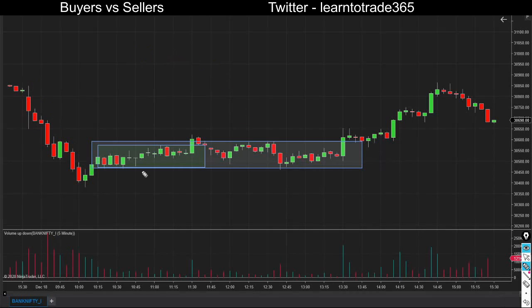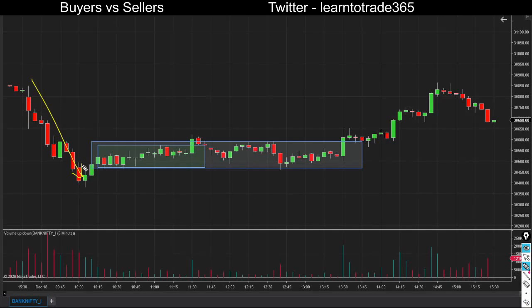And very important, two continuous balanced auctions developing after this downside move give a hint that the sellers who were active from the morning are again not showing any sign of greater interest to push Bank Nifty lower.